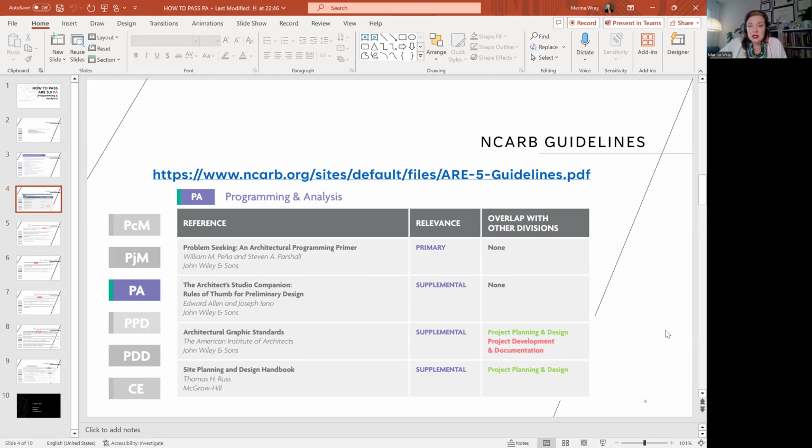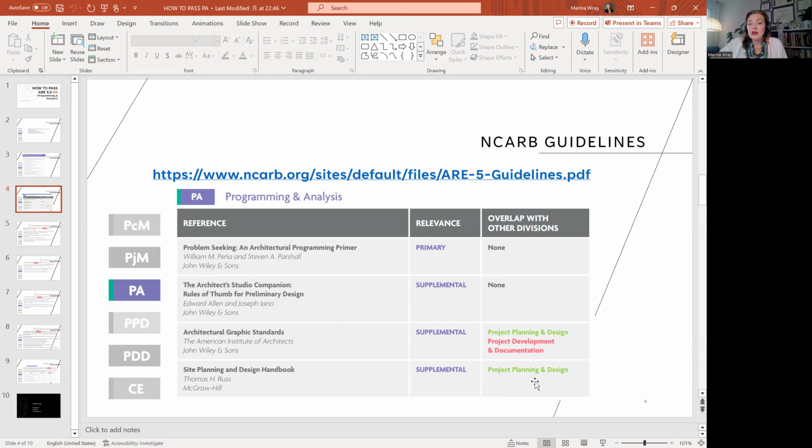Again, we cannot discuss the exam questions, but some of the isometric drawings or some of the charts were really helpful for me because questions were based on those graphics. And also Site Planning and Design Handbook is a really good book.